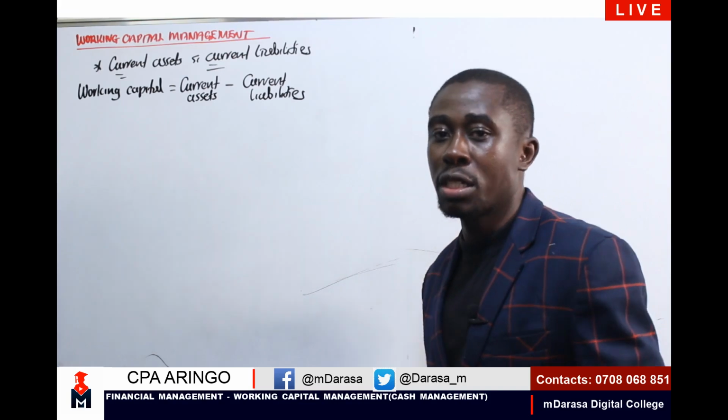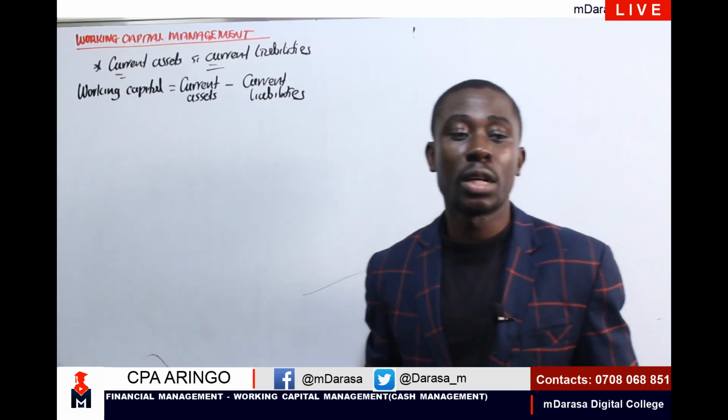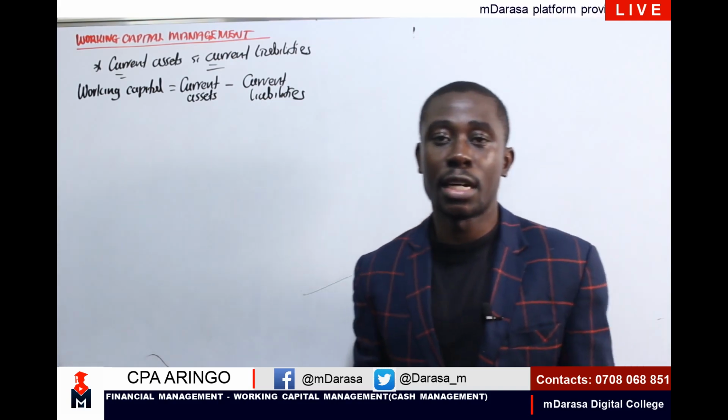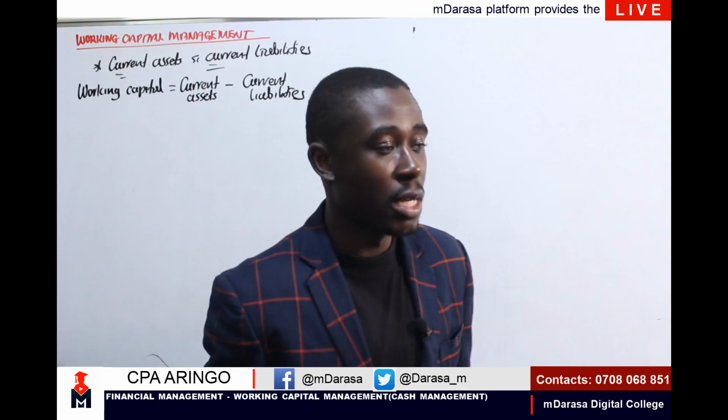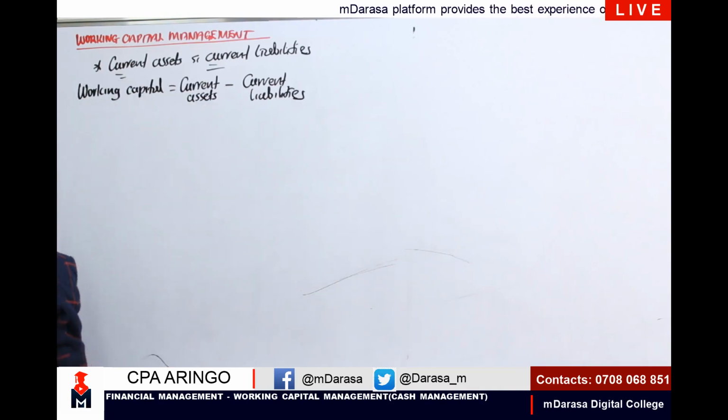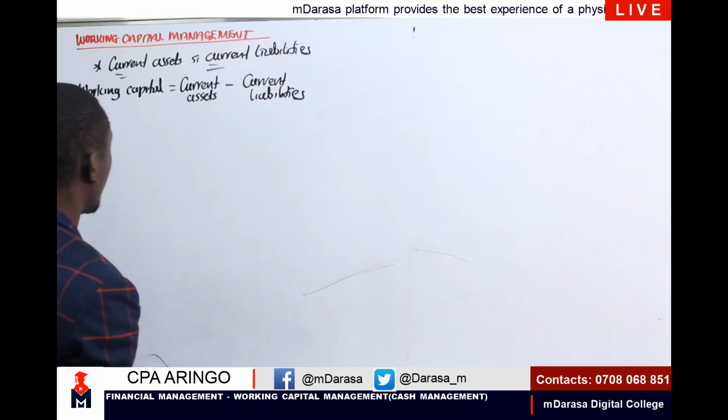So we are understanding that we want to look at ways that we can effectively manage our current assets and current liabilities. We'll be looking at the following items in managing our working capital.